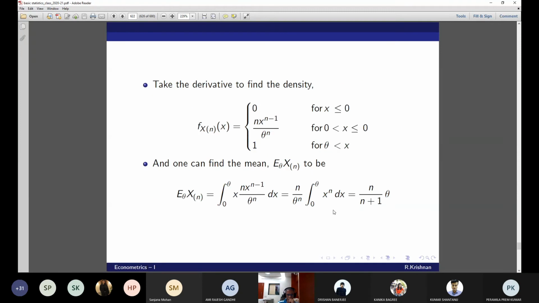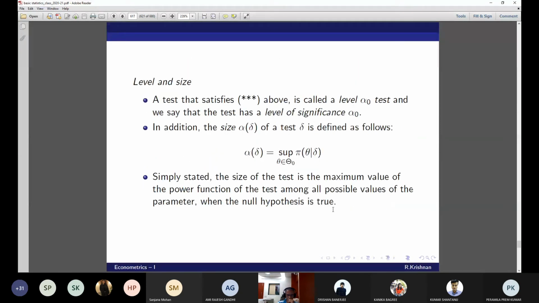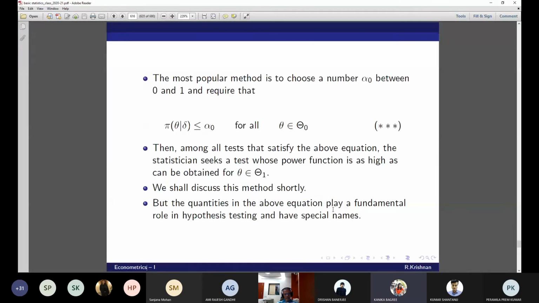Alpha delta is nothing but the power function. This is the power function, the right hand side. What value should you take ideally? We get that from pi theta given delta less than or equal to alpha naught, whose power function is as high as possible. Am I right? Yes, sir. I got it.